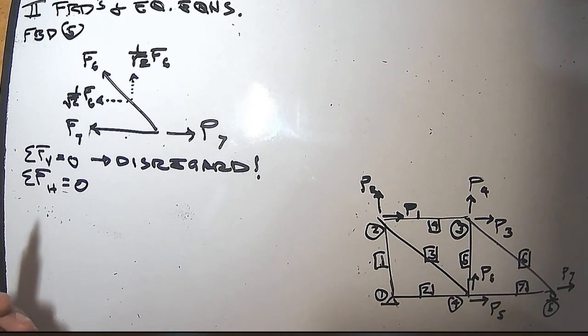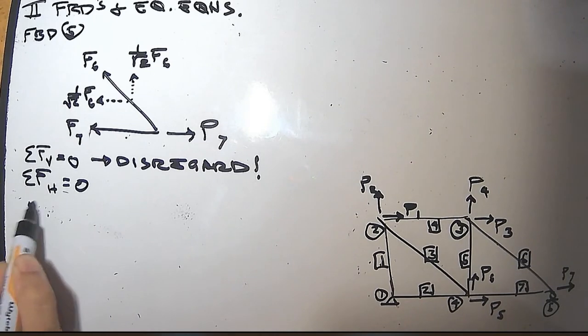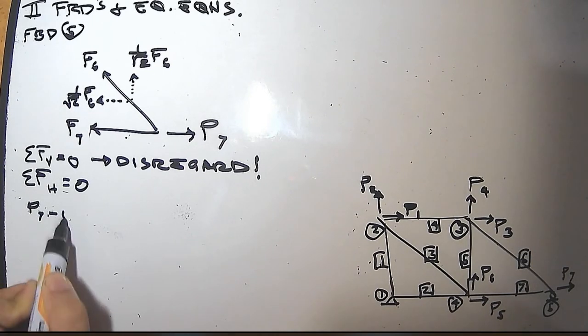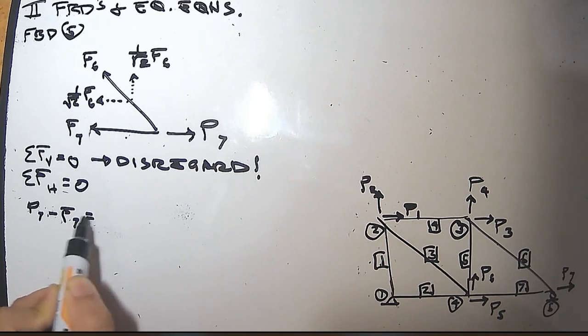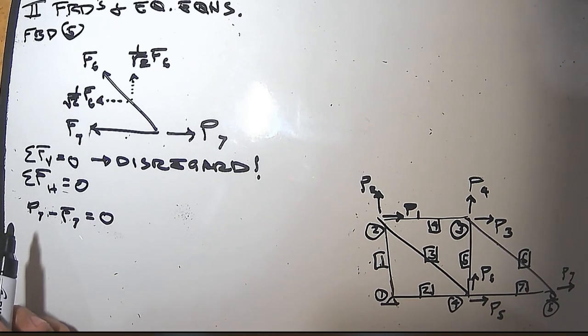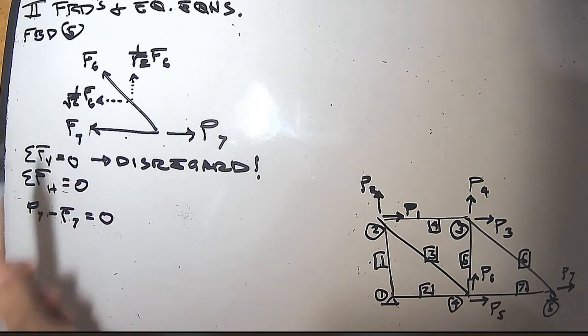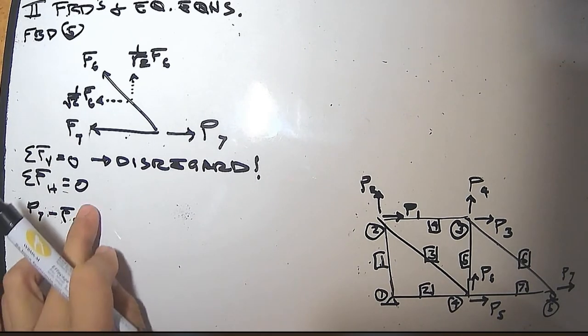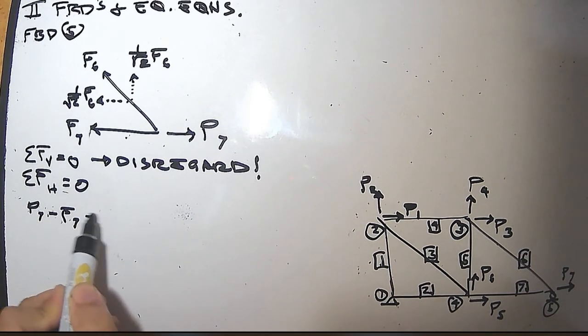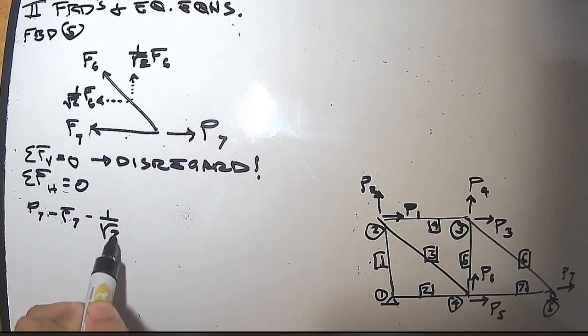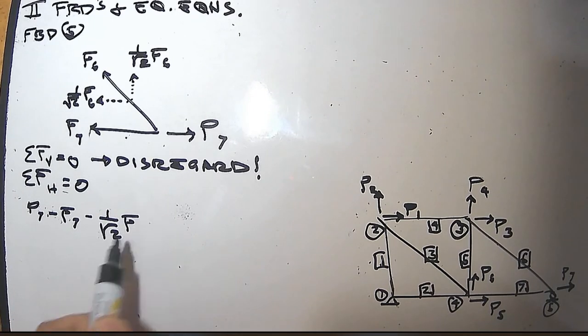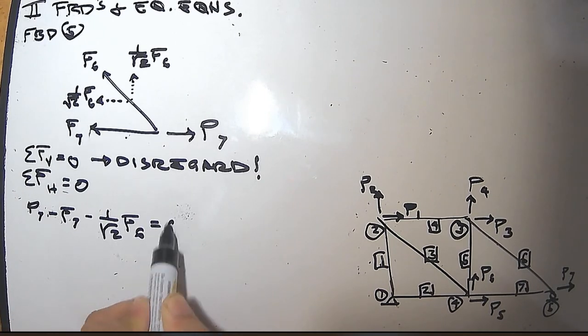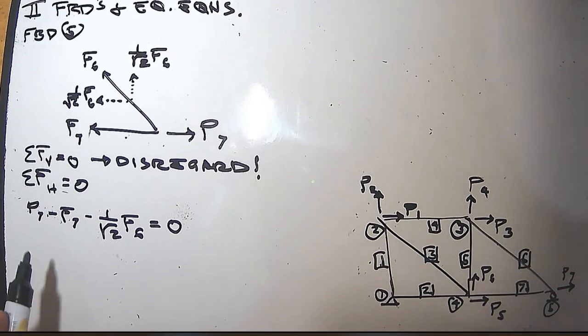Next, summation forces horizontal is equal to 0. So P7 minus F7 is equal to 0. Oops, nakalimutan natin yun. Ano? Minus 1 all over square root of 2 F6 is equal to 0. Okay, so isolate natin.